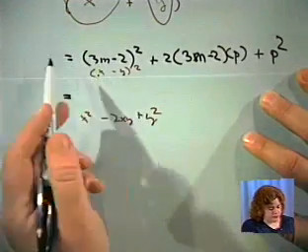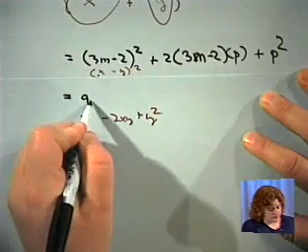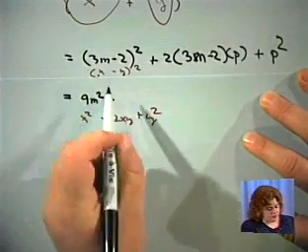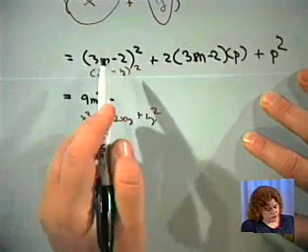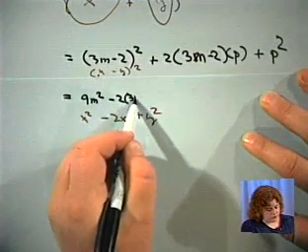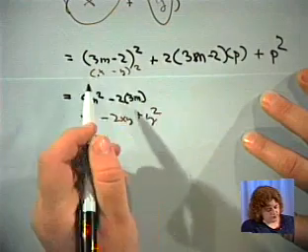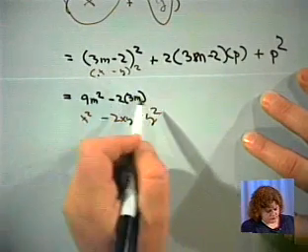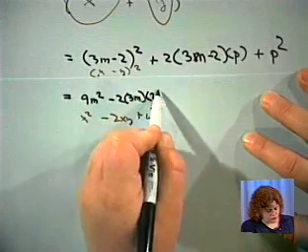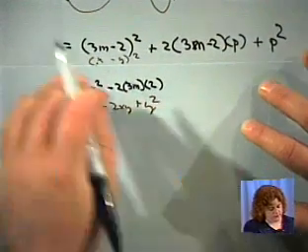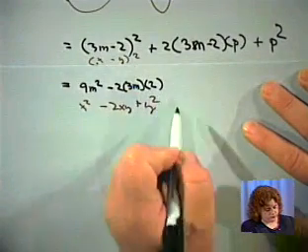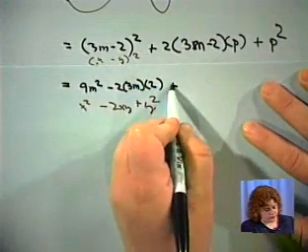That would be 3m squared, or 9m squared, minus 2 times a 3m times another 2, and then plus y squared is going to be plus a 4.